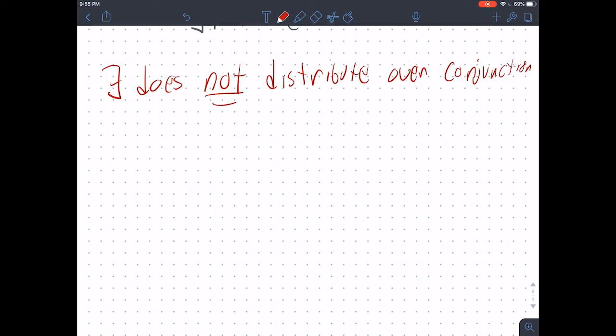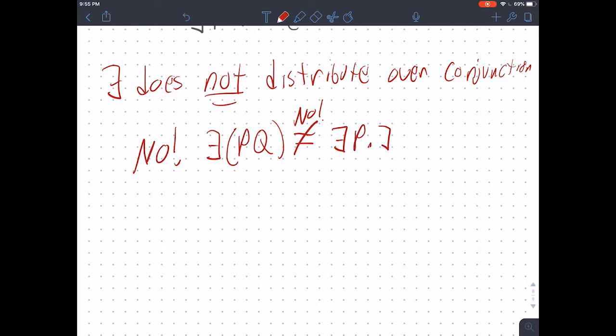Right, and so this is wrong. Don't do this. It doesn't distribute over conjunction.